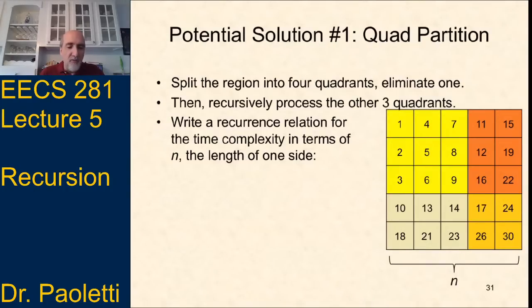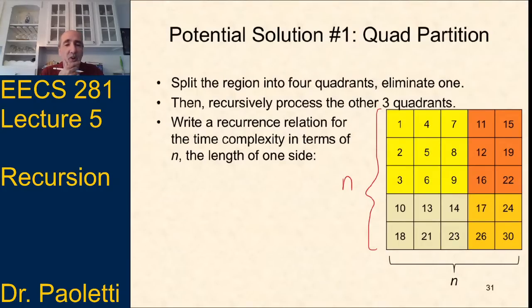Okay, first idea is, let's simplify the problem a little bit. Let's get rid of those two variables, n times m. Let's assume that it's n times n. Let's assume it's square, because even a rectangle can be put inside of a square. So a rectangle is no bigger than the square that would enclose it, and sometimes it's the same size.